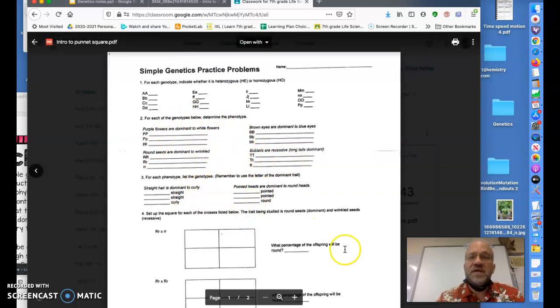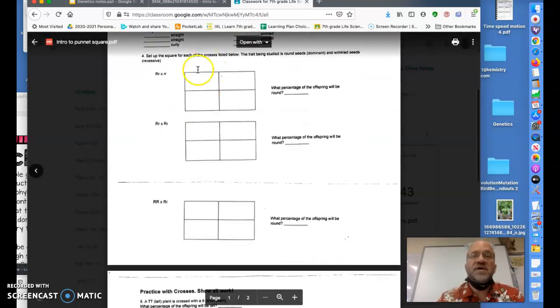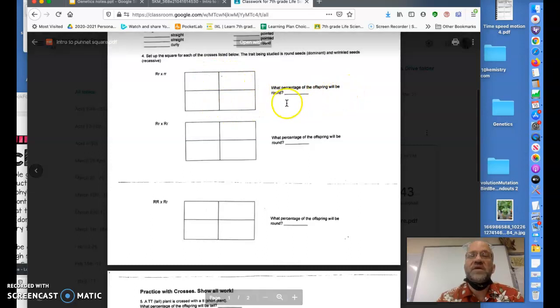Same with these. And down here, you would put your letters across like I showed you. Here you would take these. So capital R with a little r, little r, little r, and then you would see what the offspring would do. And then it says what percentage of the offspring will be round.